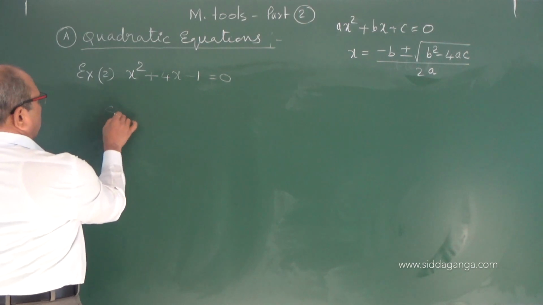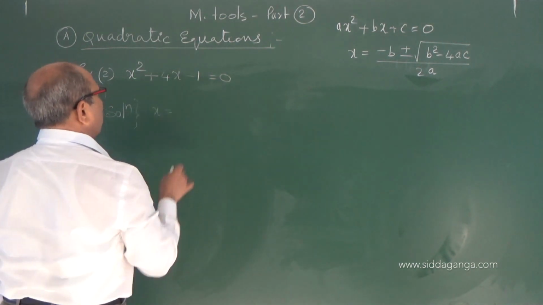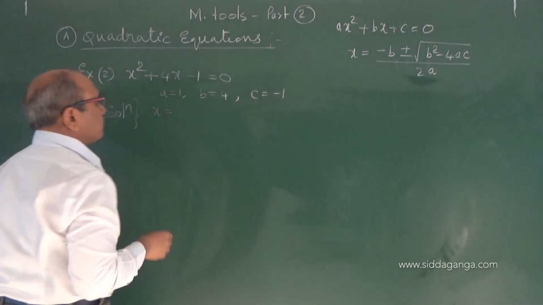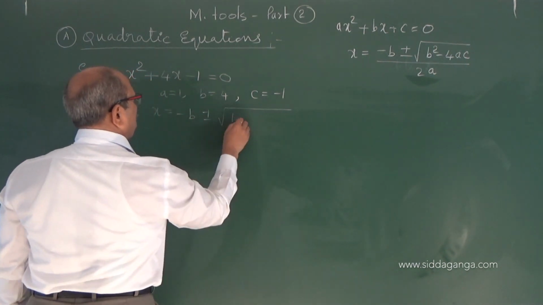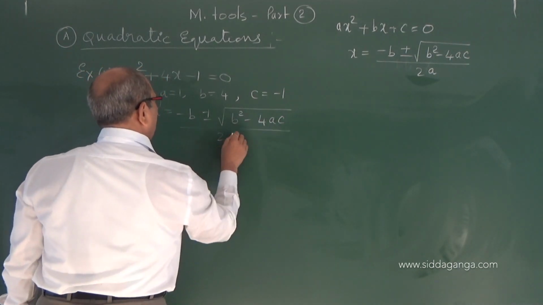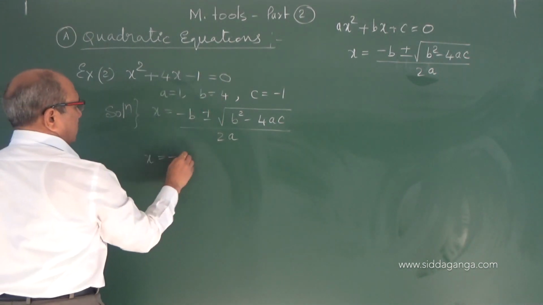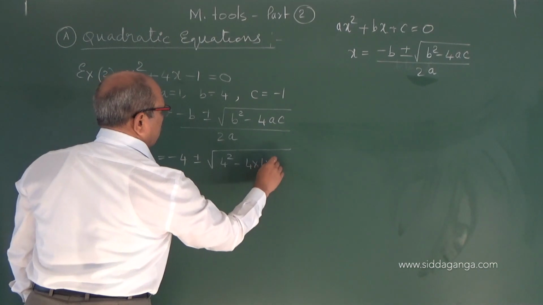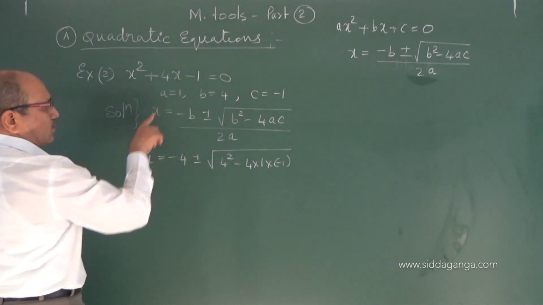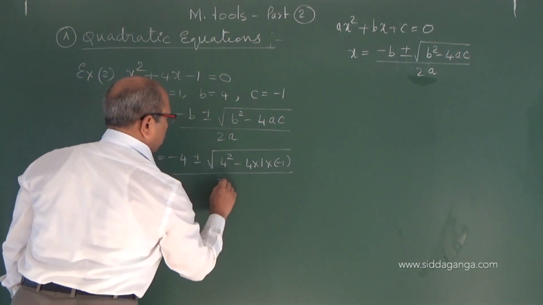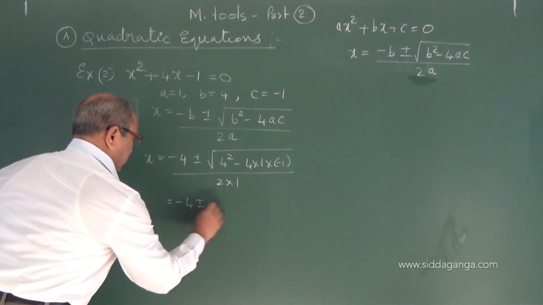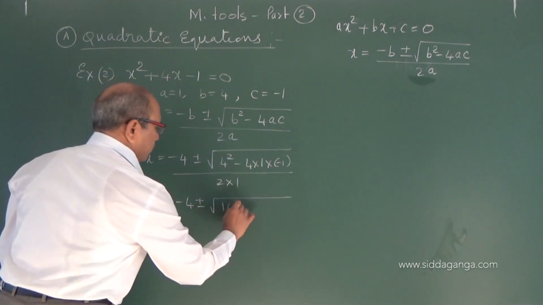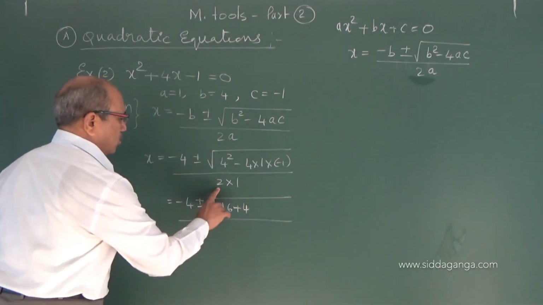The usual method for this solution: x is equal to, if I take a is 1, b is 4 and c is −1, (−b ± √(b² − 4ac)) / 2a. So x = −4 ± √(4² − 4 × 1 × (−1)), divided by 2 × 1. This becomes −4 plus or minus the square root of 16, minus of minus plus 4, divided by 2.